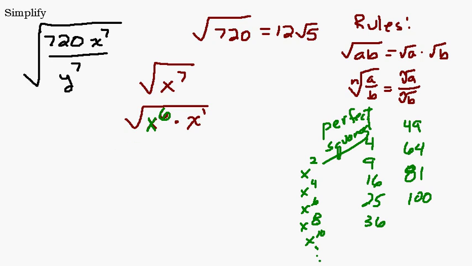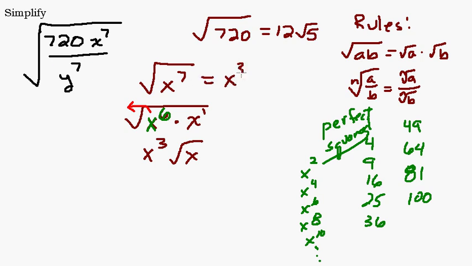Now I can take the square root of x to the 6th. And that's going to give me x to the 3rd because I'm dividing by 2. Alright, so I lost my color palette. Let's do this. So I have x to the 3rd on the outside, and I still have an x left on the inside. You're going to have a similar situation with your y to the 7th.